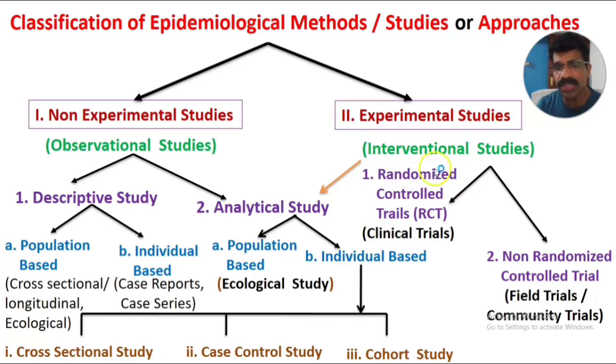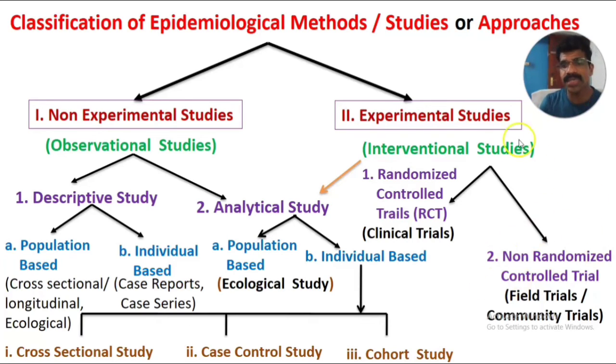So selection of these groups using a systematic process in research is called randomization. In randomized controlled trials, the researcher uses the randomization process. In non-randomized controlled trials, there is no randomization process. Simply the researcher collects the two groups, that is the experimental and control group. This is about the experimental studies.